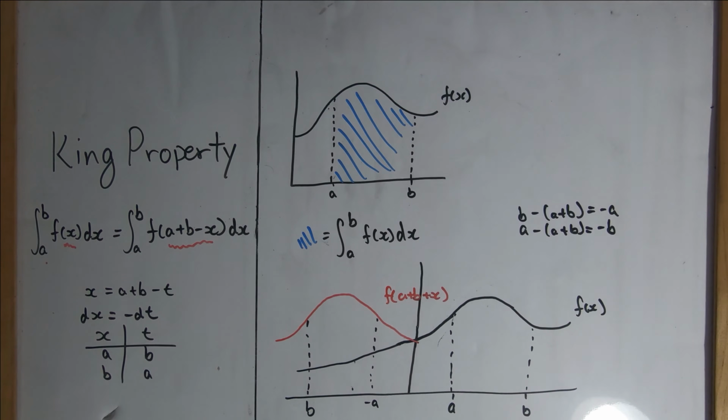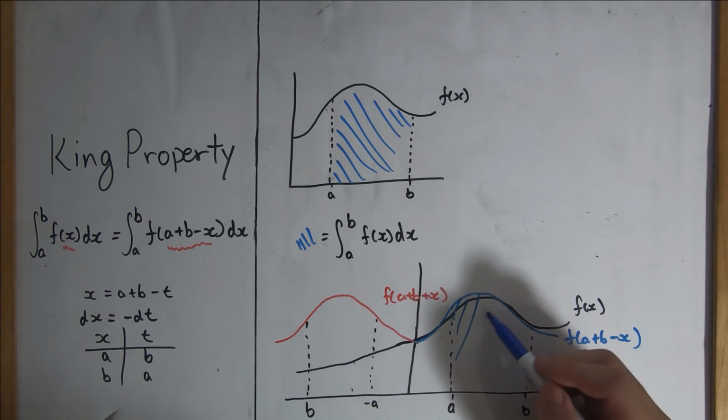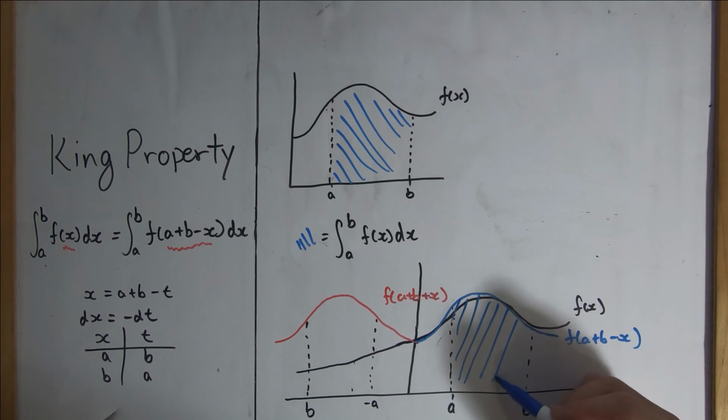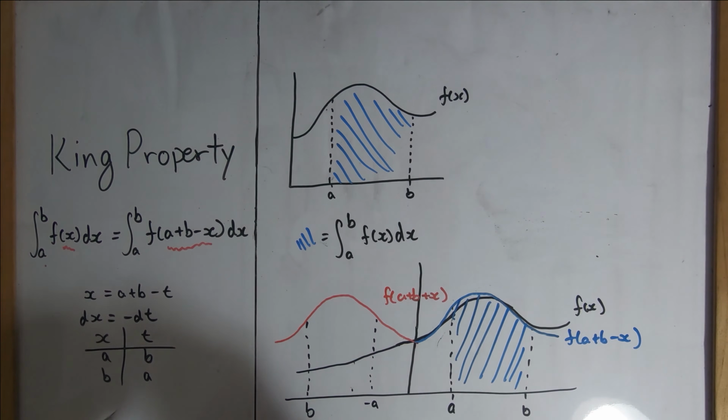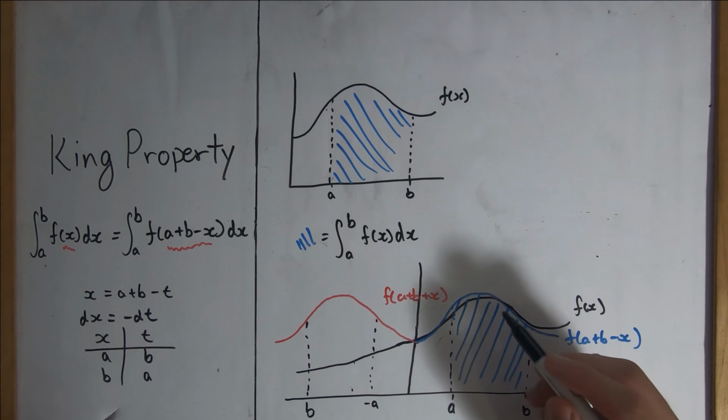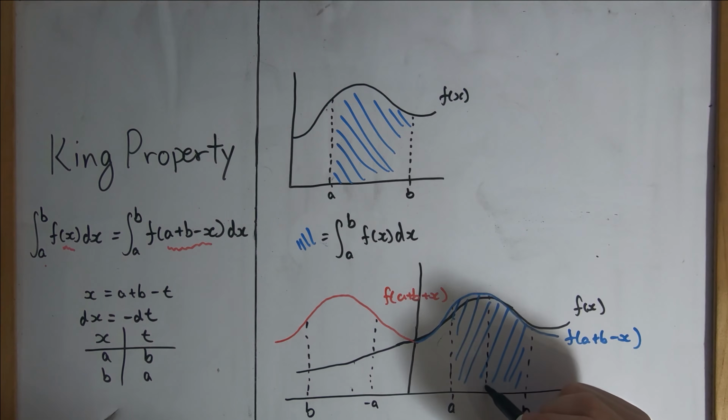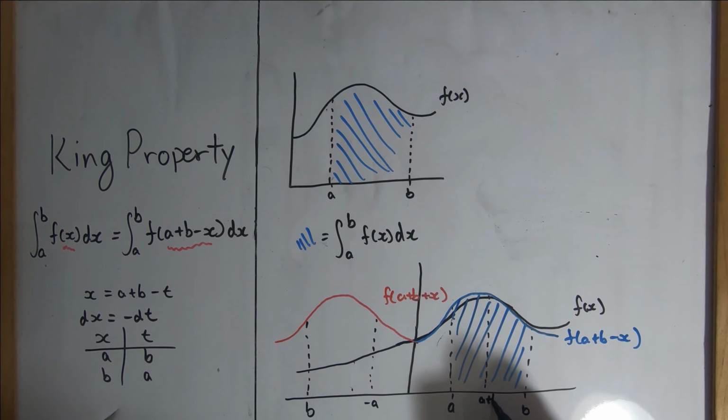This is simple. It's a reflection of the red curve along the y-axis. Let's draw that with blue and shade that section. And so what you end up with is a reflected version of f of x in the domain a to b, with its center of reflection at a plus b all over 2.